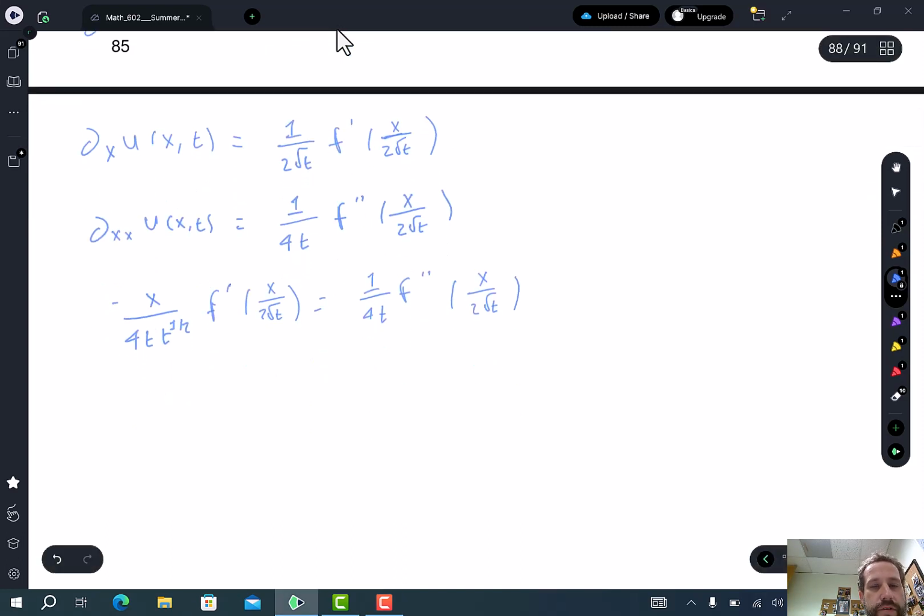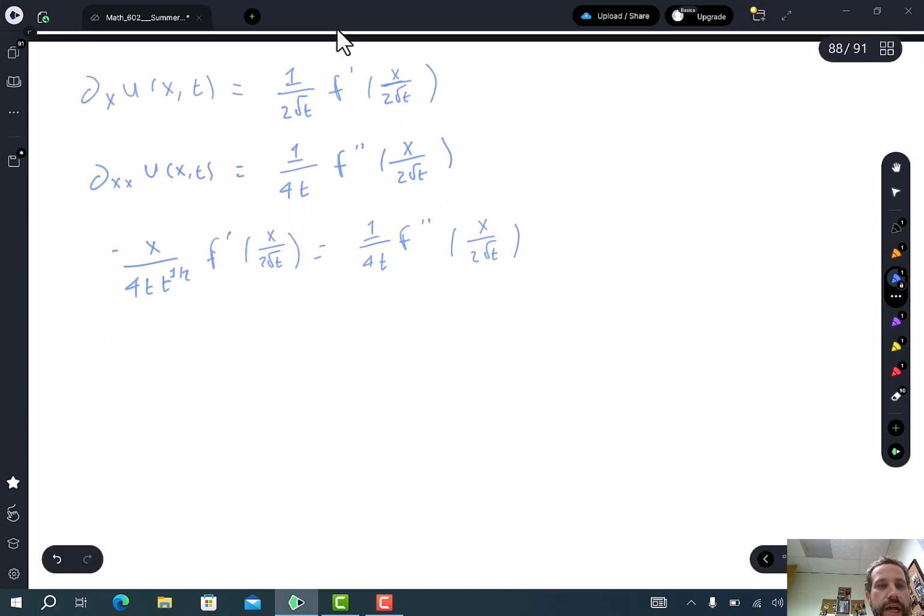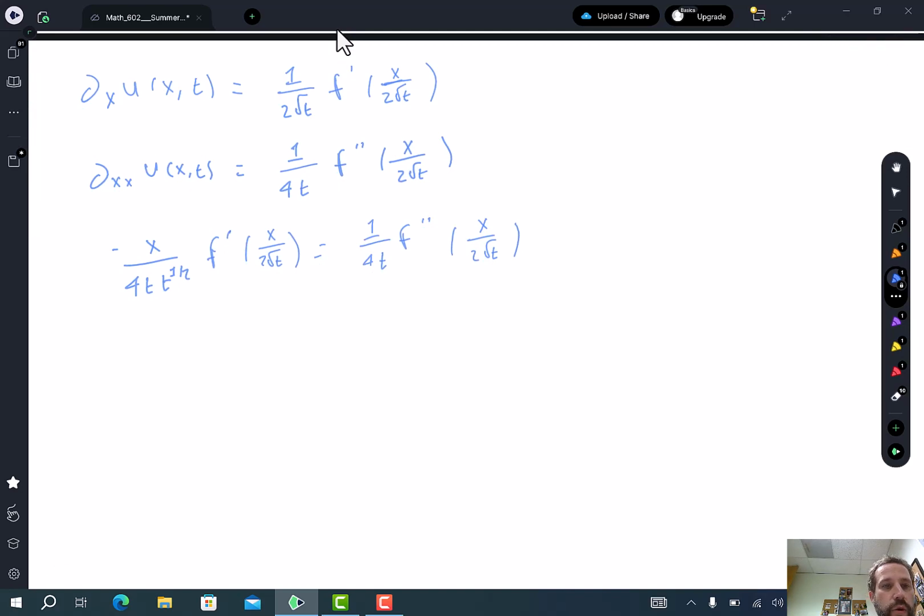Now, if I multiply both sides of this equation by 2t, what you end up with is the following. You're going to have minus x over, and I'm going to put the 4 back in there, the square root of 4t, f prime of x over the square root of 4t.